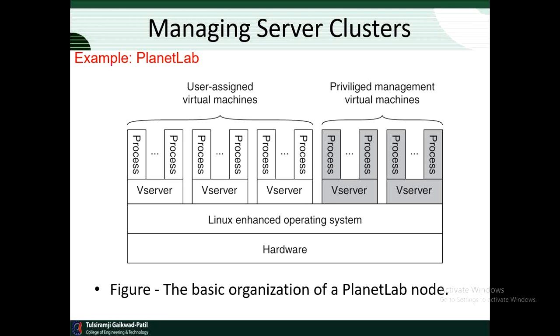Processes from different vServers are completely independent. They cannot directly share any resources such as files, main memory, and network connections, as is normally the case for processes running on top of the operating system. Instead, a vServer provides an environment consisting of its own collection of software packages, programs, and network facilities.